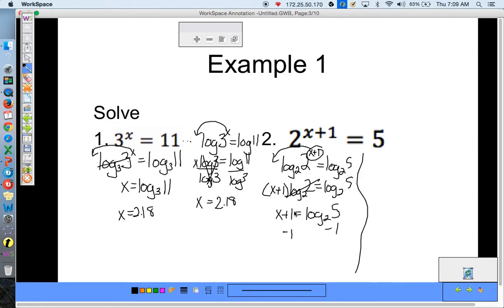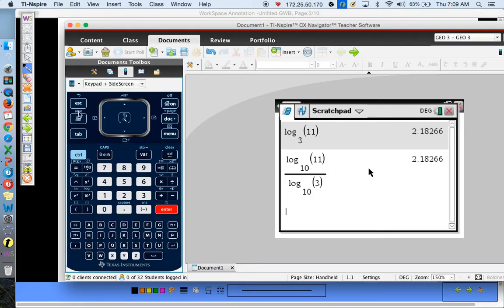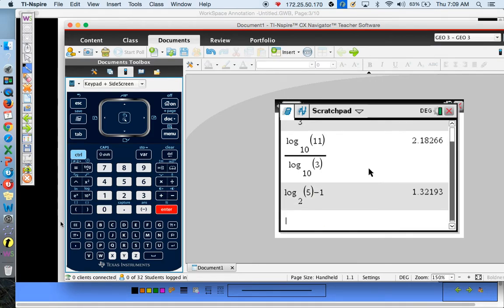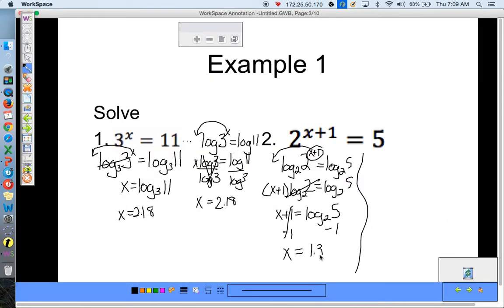Minus 1, so x equals, we can go back to our calculator, log base 2 of 5 minus 1, 1.32.